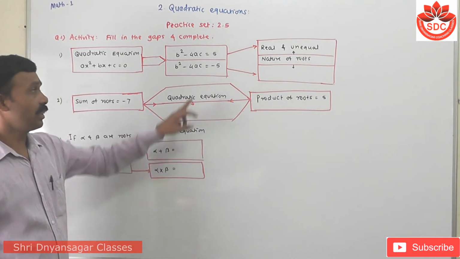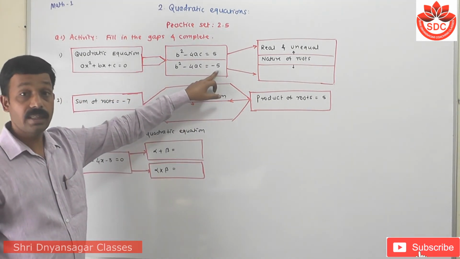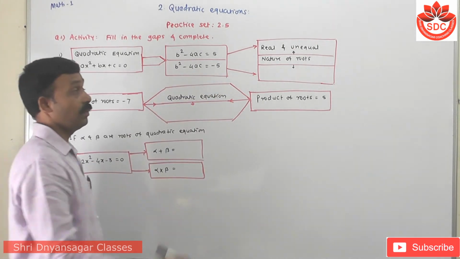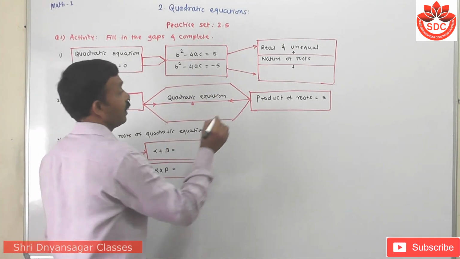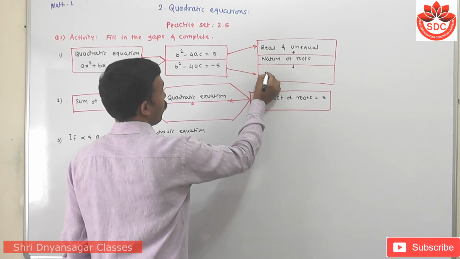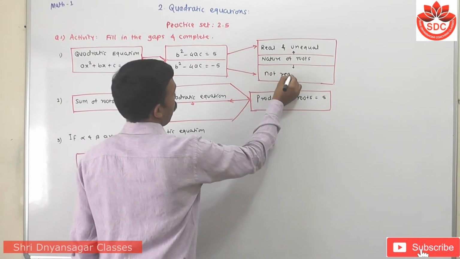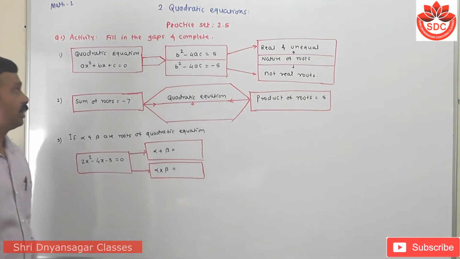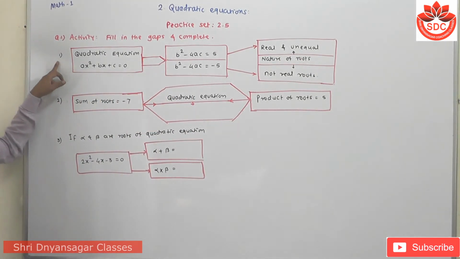And the second one is minus 5, means less than 0. If delta is less than 0, at that time there is no real root. Okay, this is our first sub question.